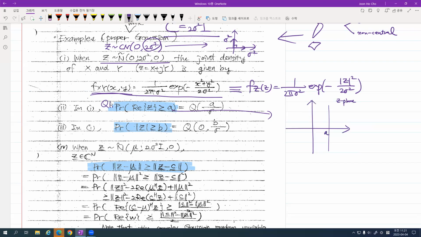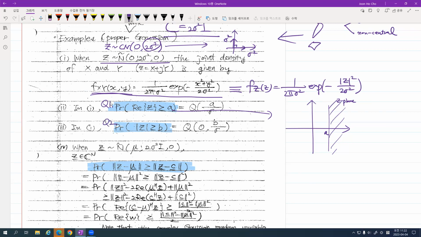And what is the area of your integration? This area. And due to the independence, the real part of z is real Gaussian, right? So real Gaussian greater than some number. So you immediately use the Q function. Since the mean is 0, there is no subtraction of something here. So a divided by sigma, as you've seen repeatedly in the normalization for the Markham's Q function and generalized Markham's Q function.